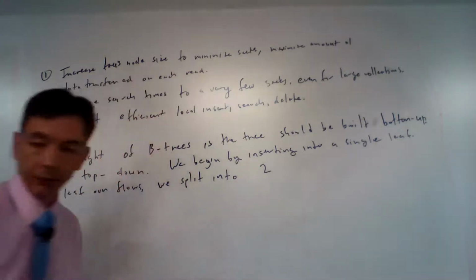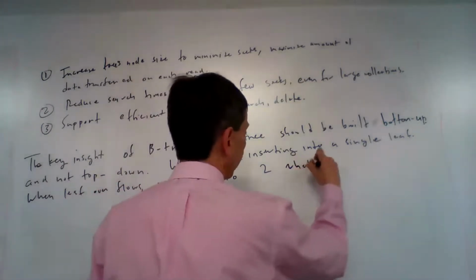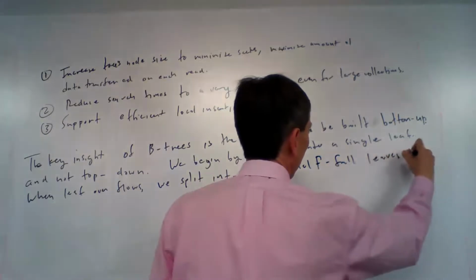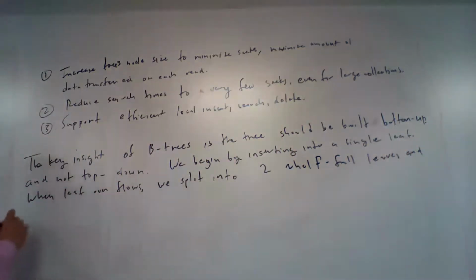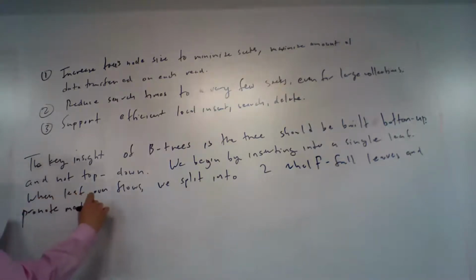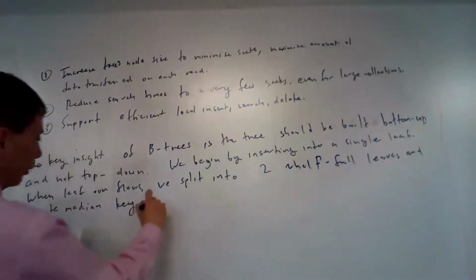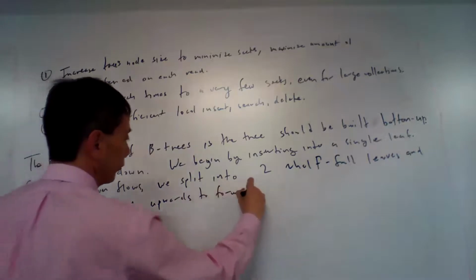They're not exactly half full because one value has to go up to the root. Two approximately half full leaves and promote the median key upwards to form a new root node.